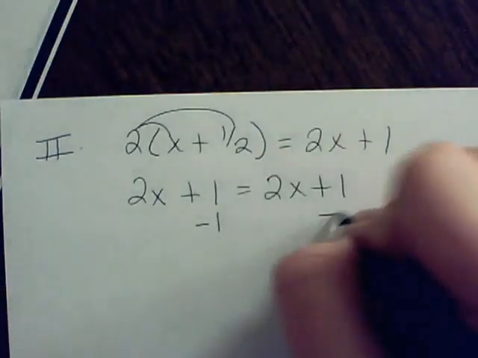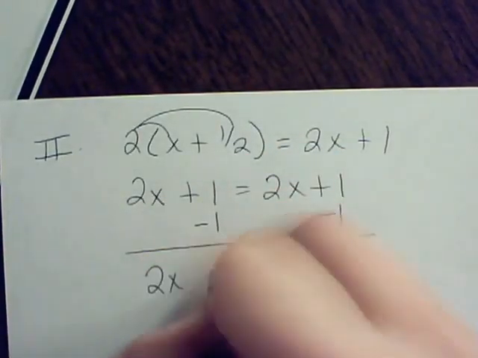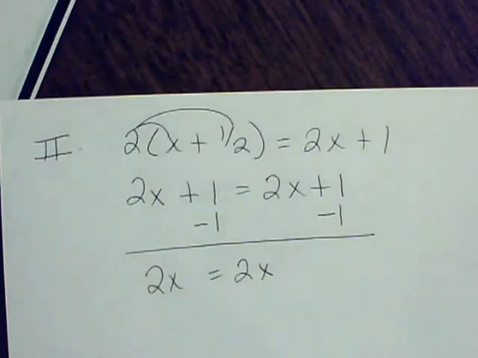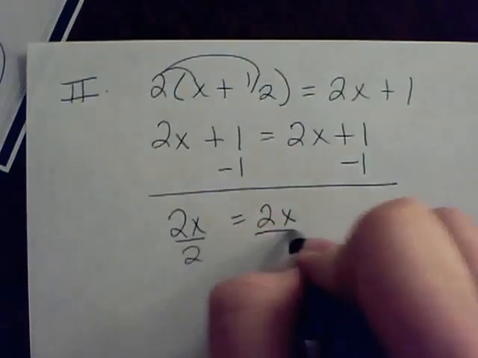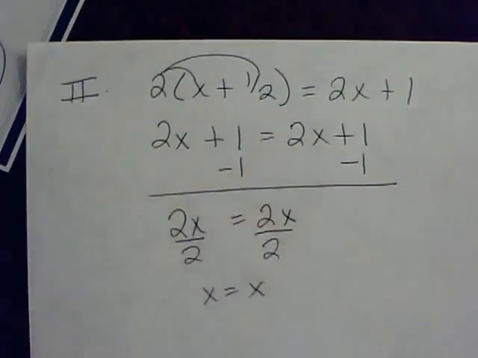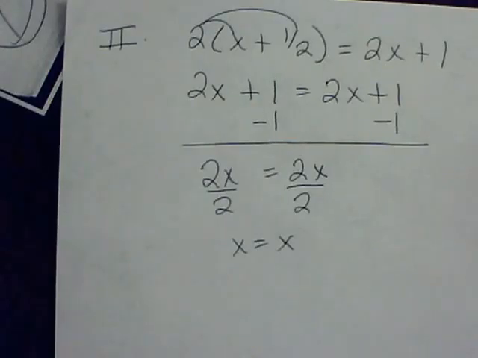Subtract 1 from both sides. 2x equals 2x. And what? That's just it. It's x equals x. Okay? So how many solutions would you have for this one?